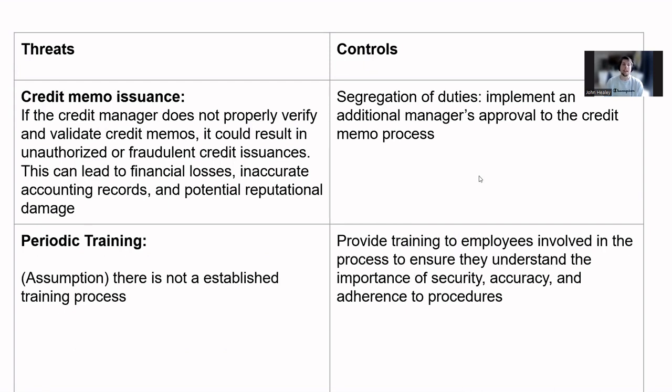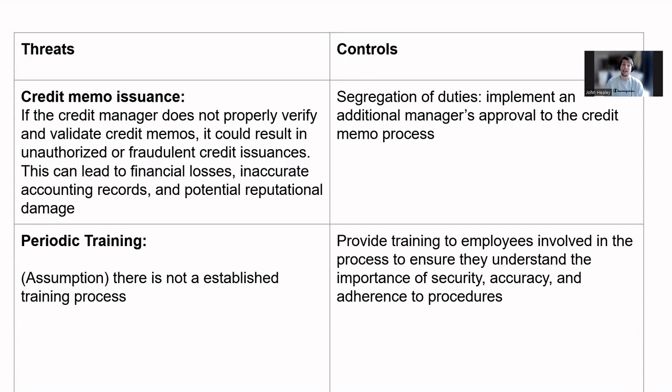Next up, one of the larger threats that we identified was the credit memo issuance process. And that is that the credit manager does not have to verify or validate their credit memos to anybody at this point in time. Our team suggests a segregation of duties. So this looks like an additional manager's approval to the credit memo process.